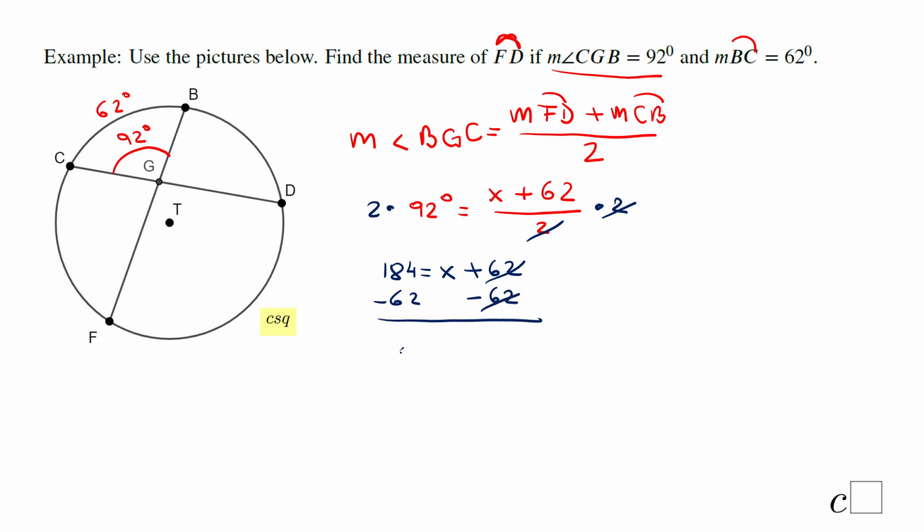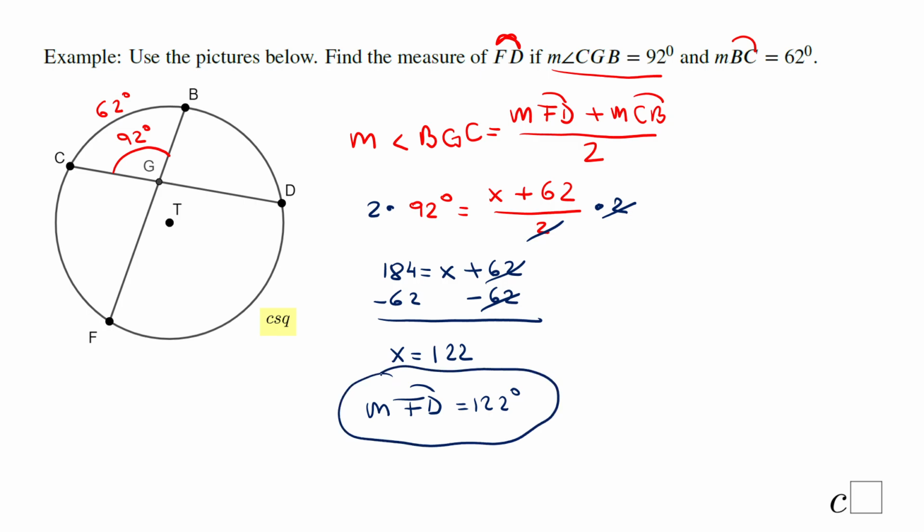And we have X equals 122. That X is nothing else than the measure of arc FD, the one we're looking for. So you notice here we replace the values, end up with an equation, and solve it.